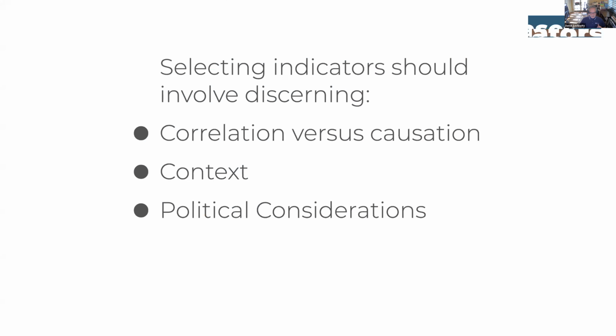And as I just mentioned, there are a number of different issues. Here are 3 that I just wanted to quickly go over. The latter and the former here being correlation versus causation and political considerations. When we look at correlation versus causation, there's a number of metaphors and analogs, but here's one that I enjoy because it's very simple.